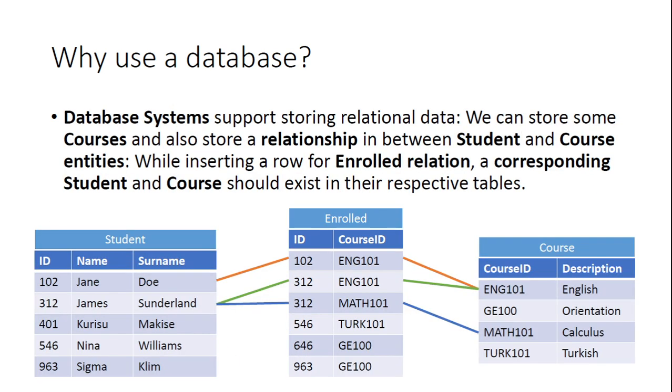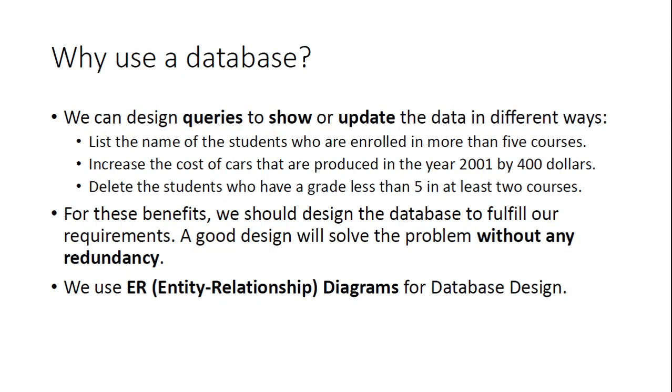For example, in the student table, I had the name and surname of a student, but while keeping the relationship enrolled, I really don't need to store the name in this table again, right? If I know the ID of a student, I can easily find the name of that student. There is no need to store the same thing in multiple different tables. So some designs will be better, and some designs might store redundant elements.